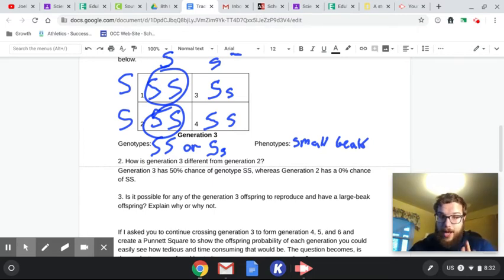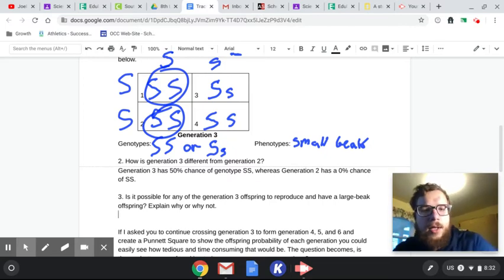I want you to answer this right now before you go on. Take a lot of time on this. Think about it. Is it possible for any of the generation 3 offspring to reproduce with any hummingbird out there that has any alleles for beak size and create a large beak offspring? Answer on your scrap paper. I'm going to sit here while you pause, and then I'll start going over it with you.